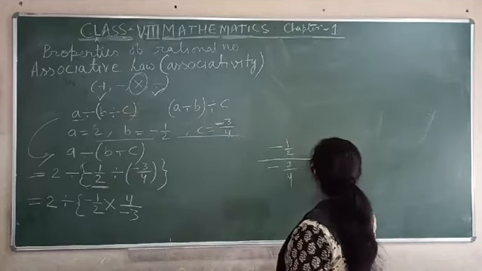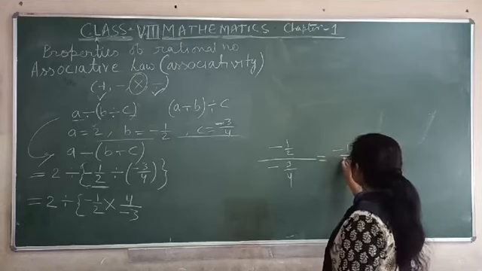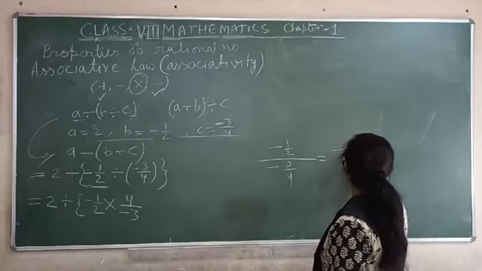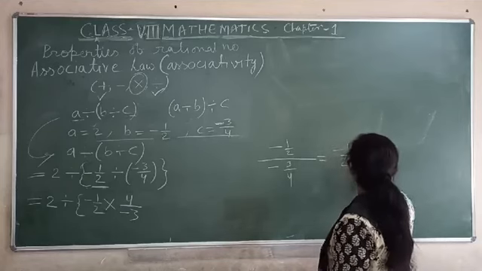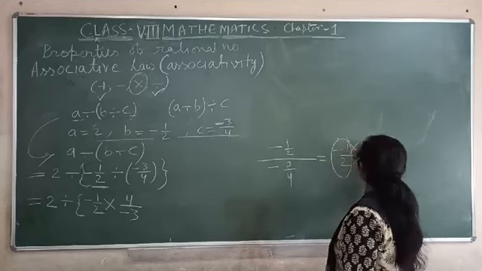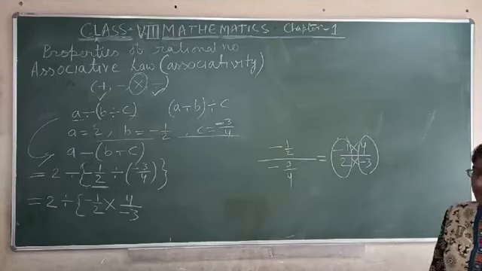So how will we write this one? Minus 1/2, and this 3 is already in the numerator, so this one stays here and this 4 goes upside. The first one remains as it is, the second one is changed to its reciprocal.